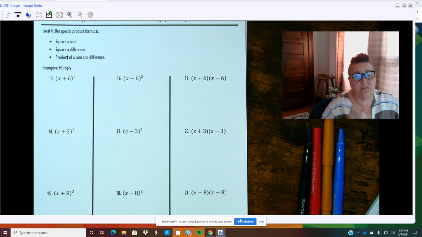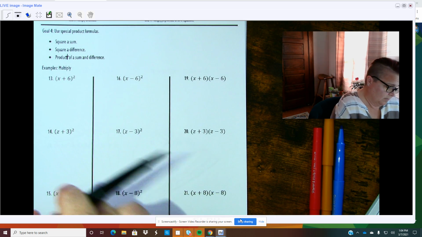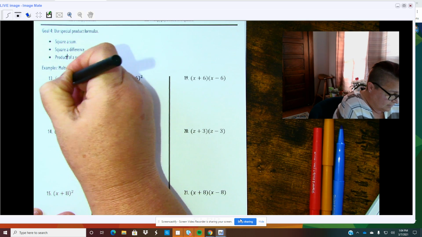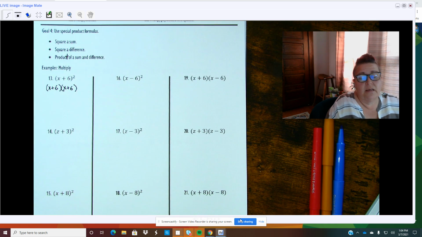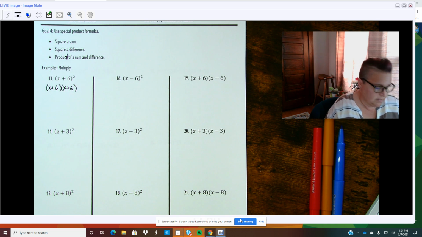Well, here's a very common mistake. If we're doing x plus 6 squared, keep in mind that this is x plus 6 times x plus 6. There is no shortcut for this that is just x squared plus 36. That doesn't work. Don't do it. This is x plus 6 times x plus 6.